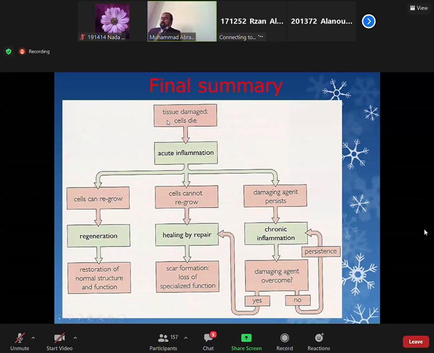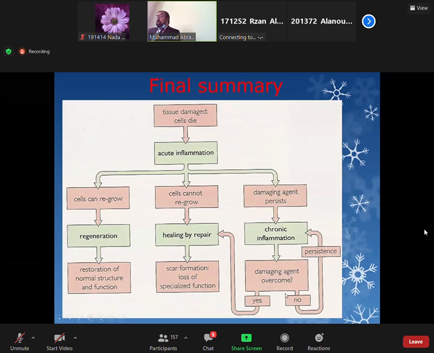Suppose the damaging agent persists, it will cause chronic inflammation. So acute inflammation, if it is persistent, will convert into chronic inflammation. Now what will happen? Suppose you overcome the damaging agent, yes, then it will go to the healing process, and again there will be fibrosis.